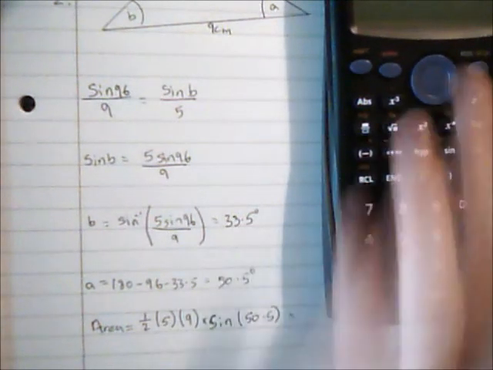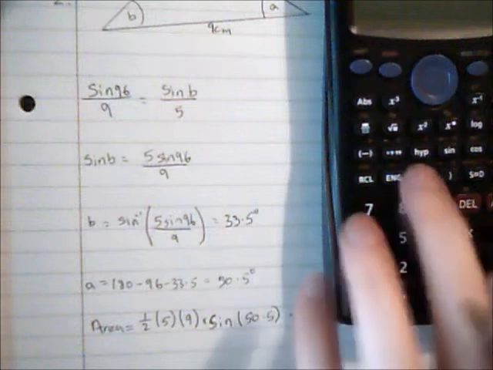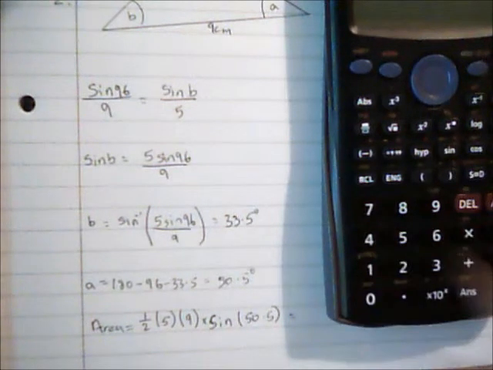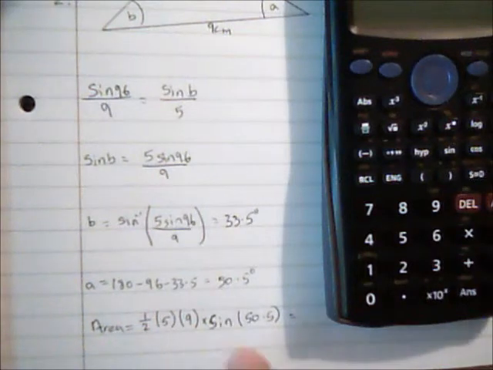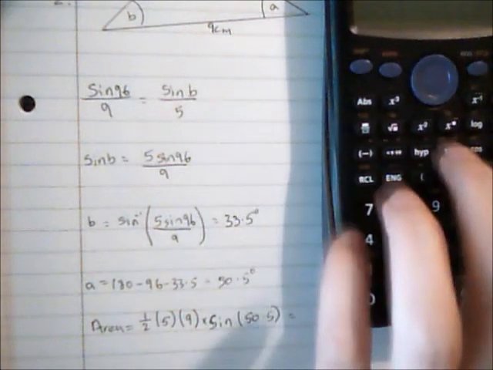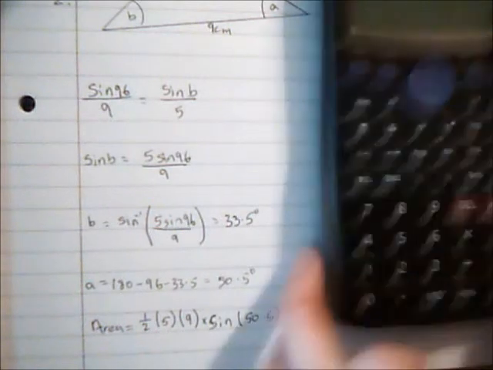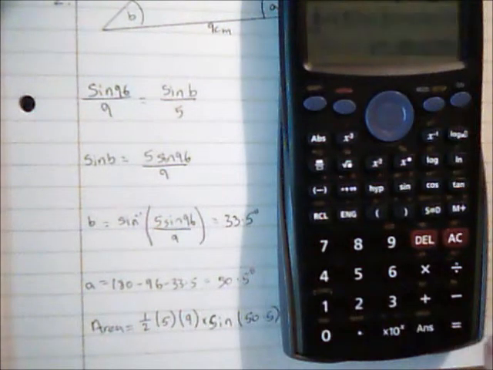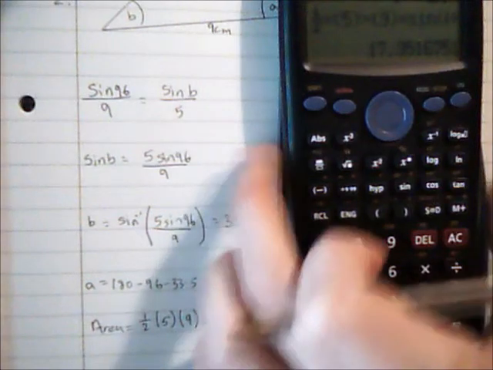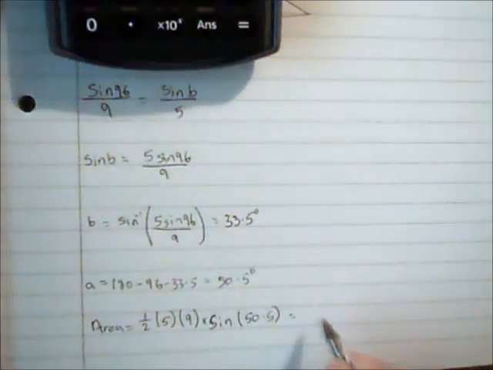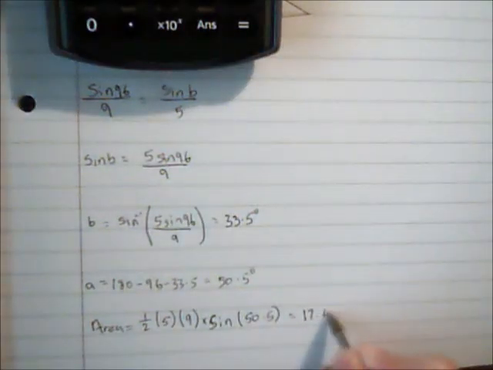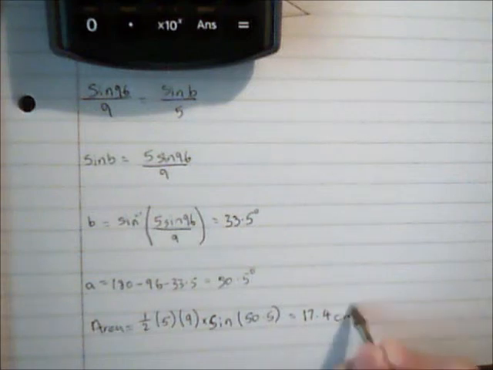So half multiplied by 5 multiplied by 9 multiplied by sine of my angle, so sine A. And then when I get my value, I've got 17.35, so to three significant figures, I'm going to call that 17.4 centimetres squared.